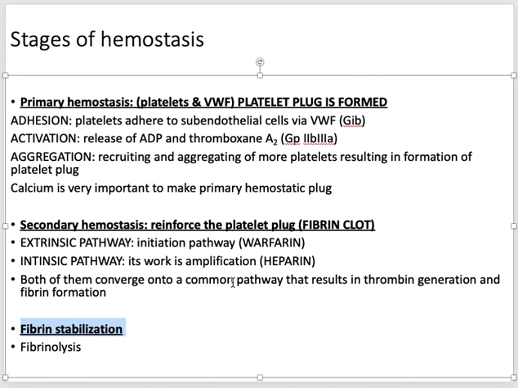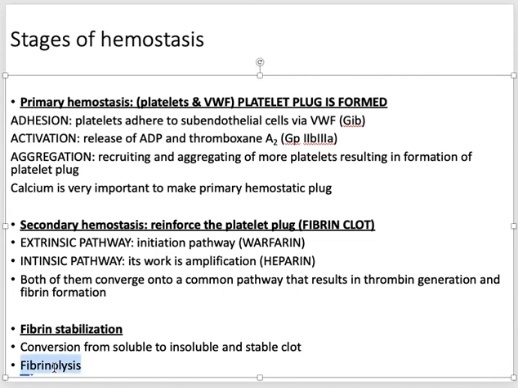Simply, this is the conversion from soluble to insoluble and stable clot. Okay, this is also a stage, and of course, what is fibrinolysis, guys?